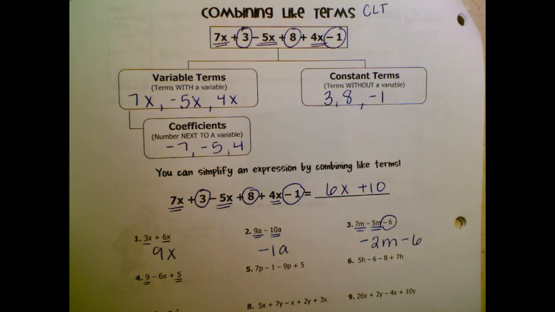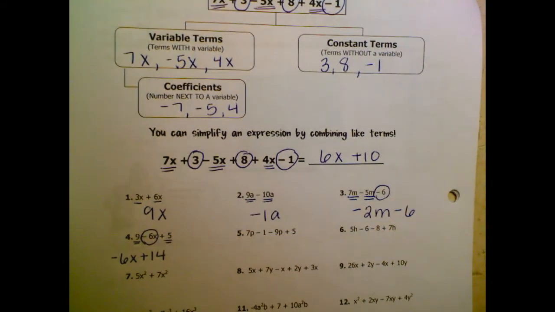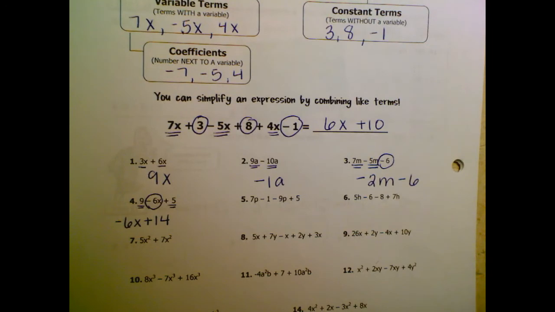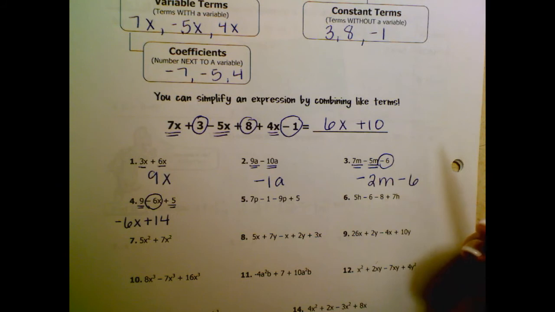So 9 plus 5 gives me 14. Then I'm just going to bring this negative 6 down. I'm going to put it in front because that's usually how we write equations and expressions. Letter comes in front.